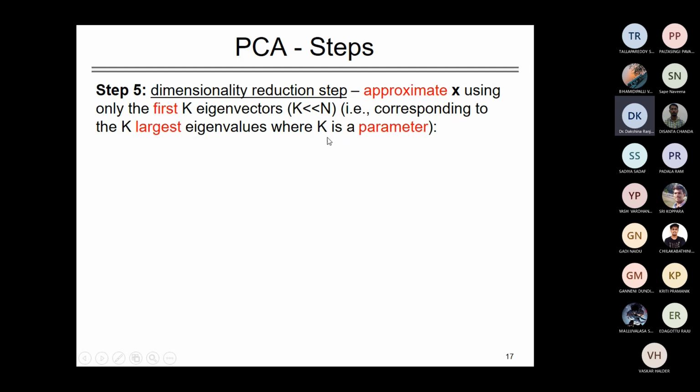There is no thumb rule for determining the value of k, but we can estimate k in different ways. If we assume that k is estimated, then k should be less than n, and we get the first k eigenvectors corresponding to the k largest eigenvalues.